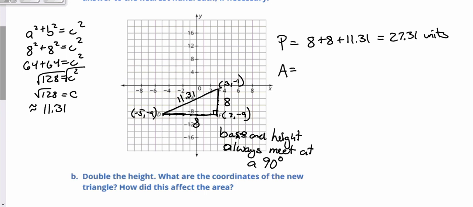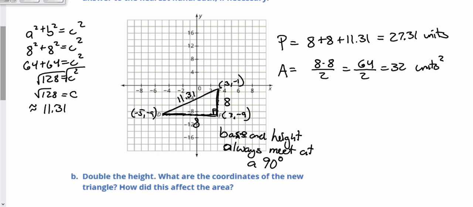So in this case, my 90 degrees is right there, so my base is 8 and my height is 8. So I have 8 times 8 divided by 2. 8 times 8 is 64. So I have 32 units squared.